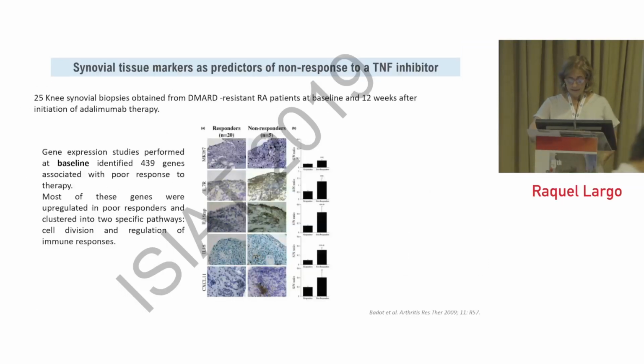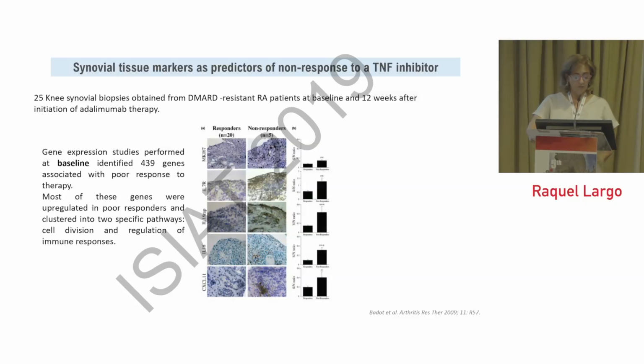On the other hand, these researchers looked for and found some predictors of non-response to infliximab or to a TNF inhibitor. They studied 25 synovial biopsies obtained from patients resistant to synthetic DMARDs that were treated with a TNF inhibitor for 12 weeks, and they studied the gene expression of a high number of cells.